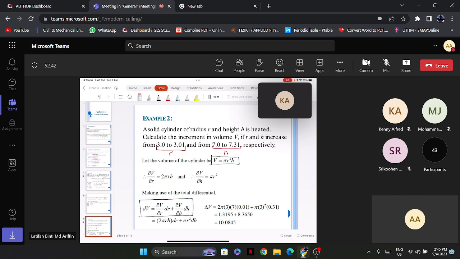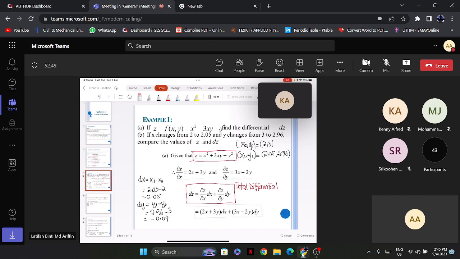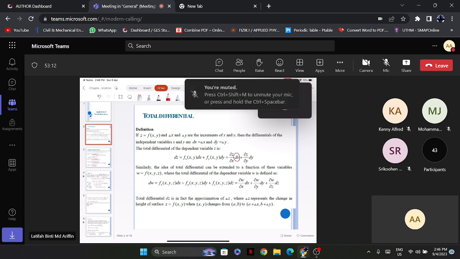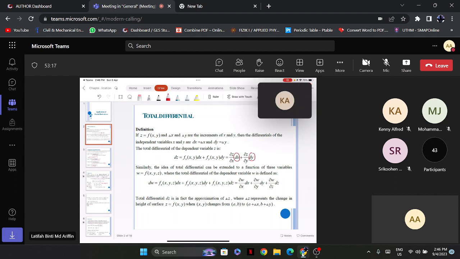Okay, sambung balik. Sorry yang tadi tu, kita tak boleh guna yang tadi tu. Kita kena gunakan formula untuk total differential lah, sama macam yang ini. Iaitu to get dz, kita just gunakan formula seperti yang ini. Ada satu page yang kita dah terlepas tadi iaitu untuk total differential ni. dz equals to del z over del x dx plus del z over del y dy, di mana dx dan dy ni represent perbezaan pada x dan juga pada y.